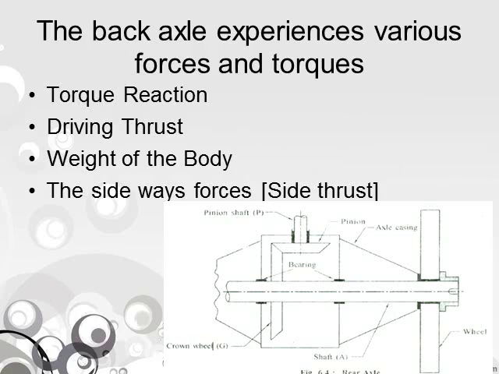The right hand side is the gearbox part. From there, torque is transferred to the universal joint, then to the propeller shaft, then to one more universal joint, then to the differential, then to the wheels. Likewise, torque transmission takes place.